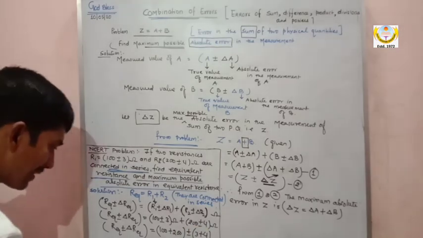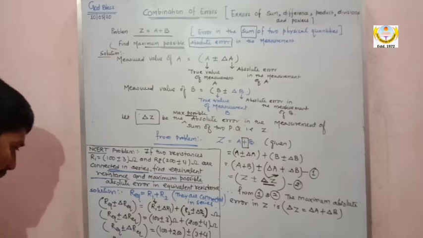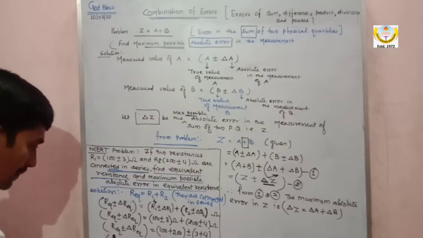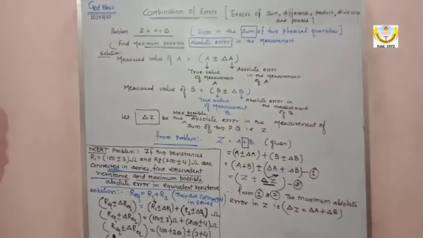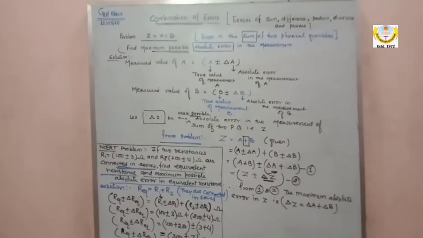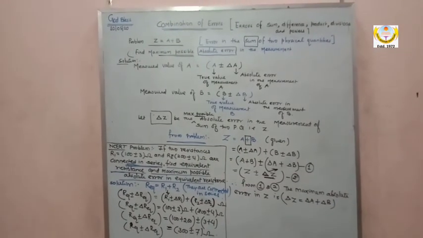So the answer will be R equivalent plus minus delta R equivalent is 300 plus minus 7 ohm. This is the answer.